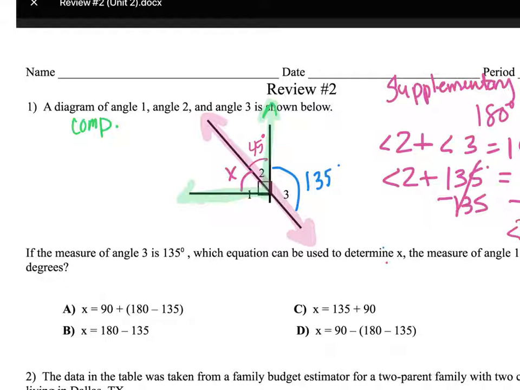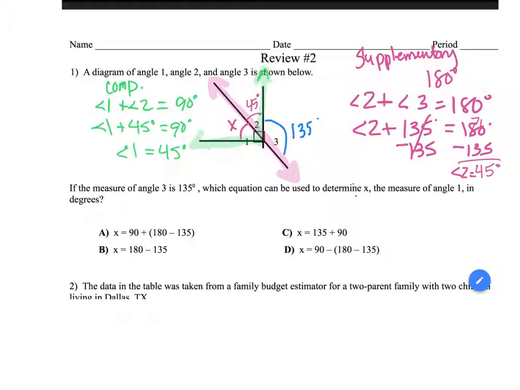Complementary, so angle 1 and angle 2 should add up to 90 degrees. Angle 1 is what I'm looking for. I just figured out angle 2 is 45 degrees. We're done with angle 3, so angle 1 and angle 2 together make a right angle, a complementary angle.